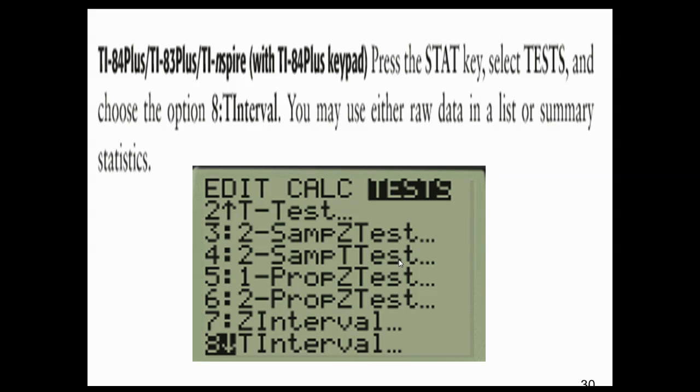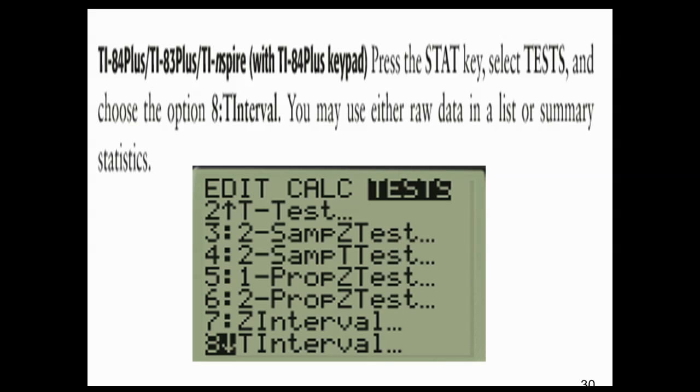Now, our calculator will do this. Unlike in the previous section, 7.1 with Z-scores, we are now using T-scores. So I go to stat, I arrow over to test, I come down to number 8 versus going down to only number 7. And once again, the 83 and the 84 are exactly alike.